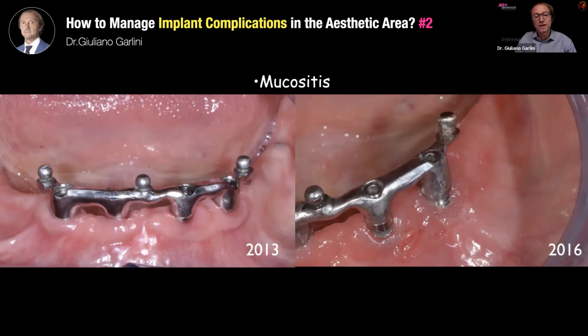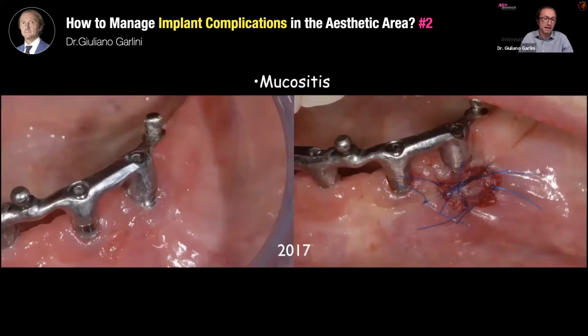So the first thing that we did in this case was to convince him to improve his oral hygiene, and we removed all the calculus, all the plaque, and all the biofilm around the implant. But after 1 year, you can see that the situation was not changing.